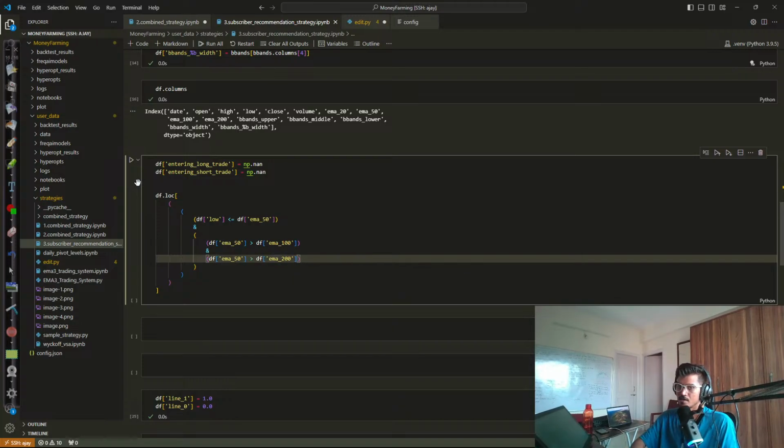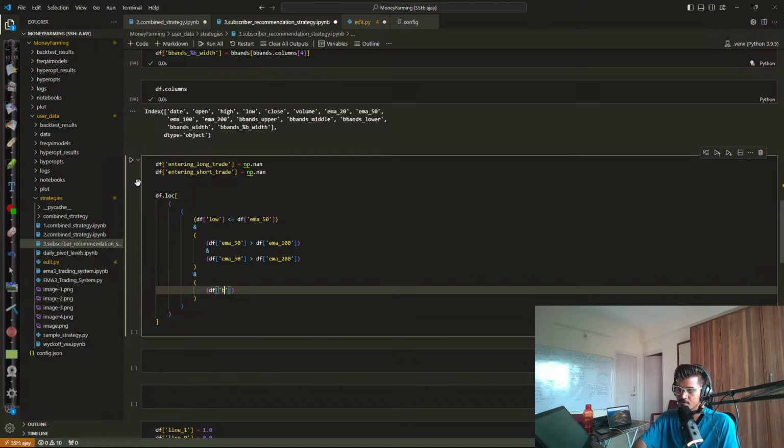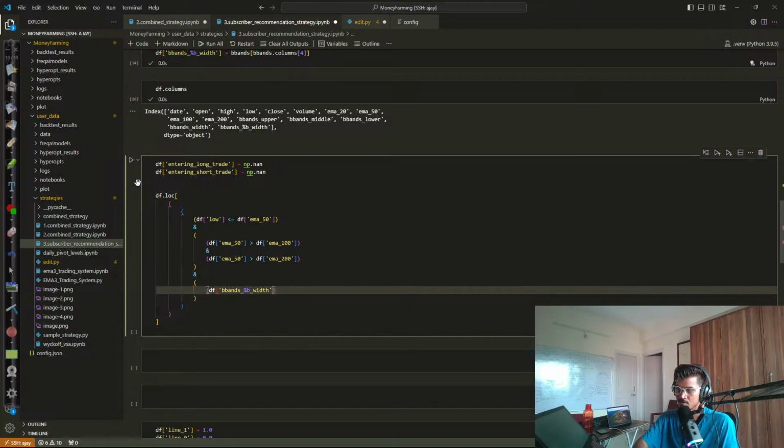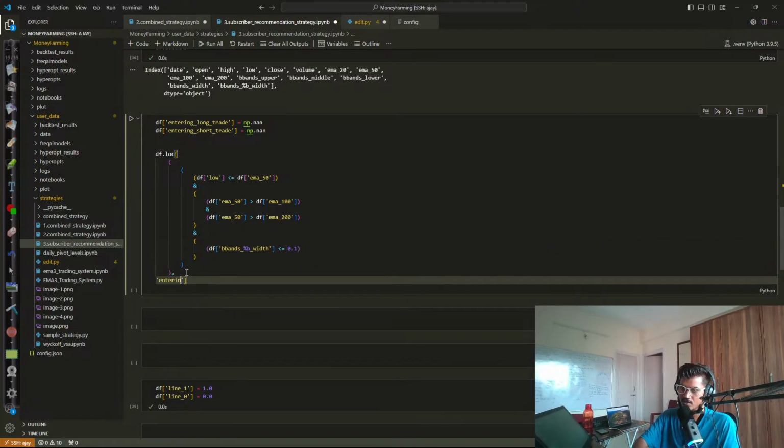Okay, now that we're done, what I wanna see is if the Bollinger Band percentage B width is less than or equal to 0.1. Yeah, so that's our entering long trade.